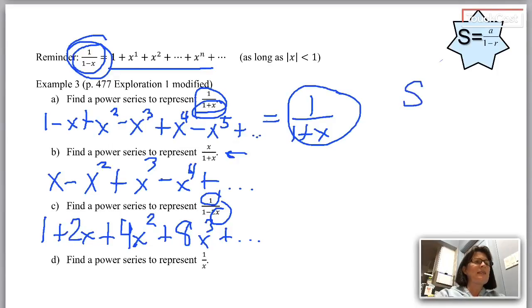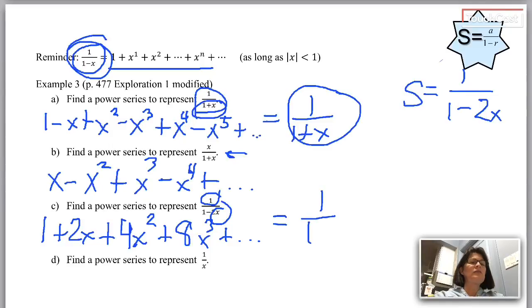I know my sum is going to equal, the first term is 1 over 1 minus, what was it that I was multiplying by each time? 2x. So sure enough, as long as x is between negative 1 and positive 1, 1 plus 2x plus 4x squared plus 8x cubed plus 16x to the fourth plus dot dot dot is going to equal 1 over 1 minus 2x.